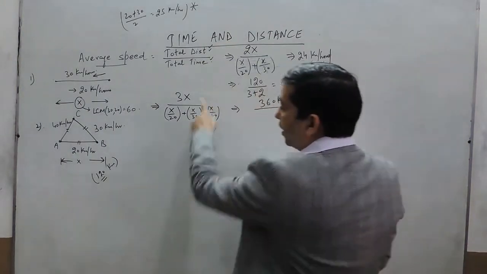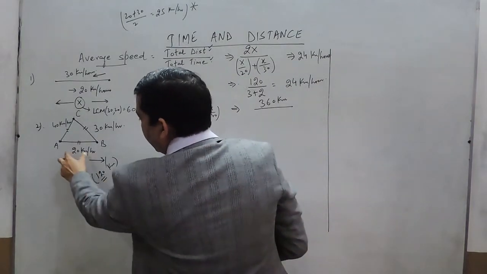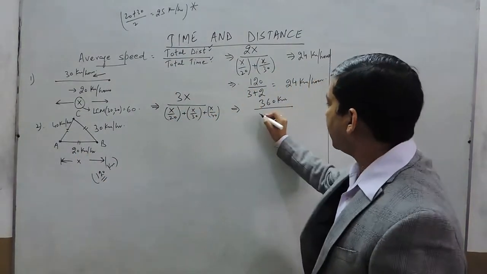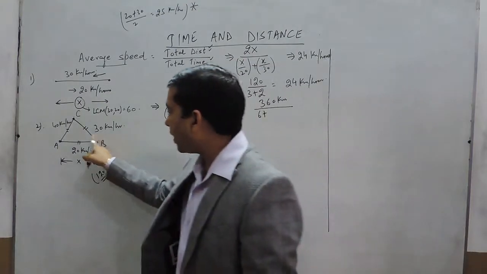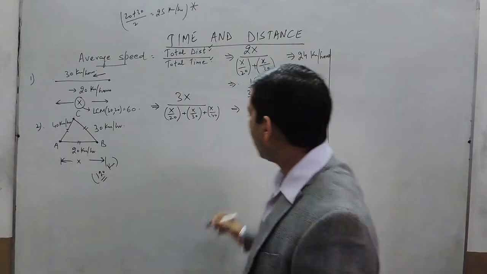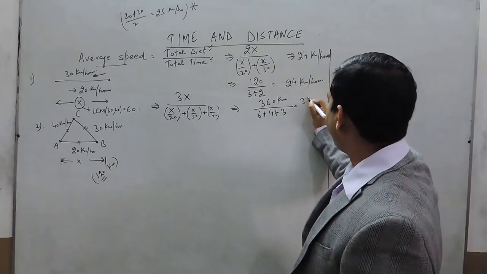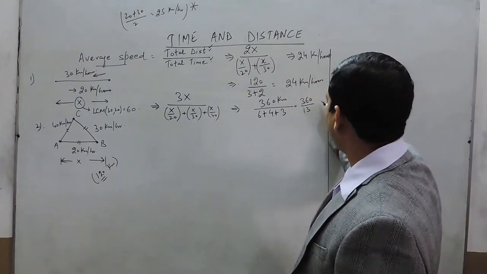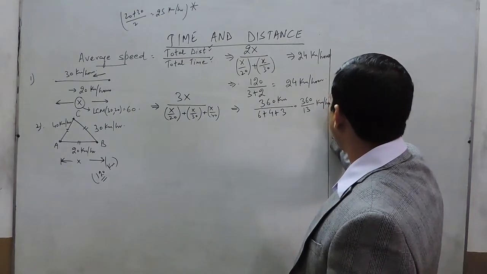The total time: 120 kilometers at a speed of 20 kilometers per hour is 6 hours, then 120 kilometers at a speed of 30 is 4 hours, and 120 at a speed of 40 is 3 hours. So the average speed becomes 360 upon 13 kilometers per hour.